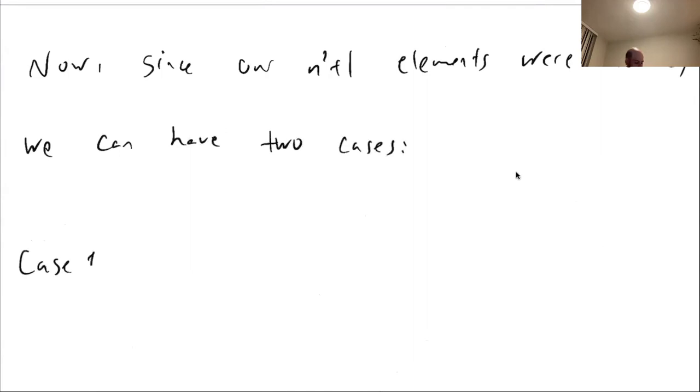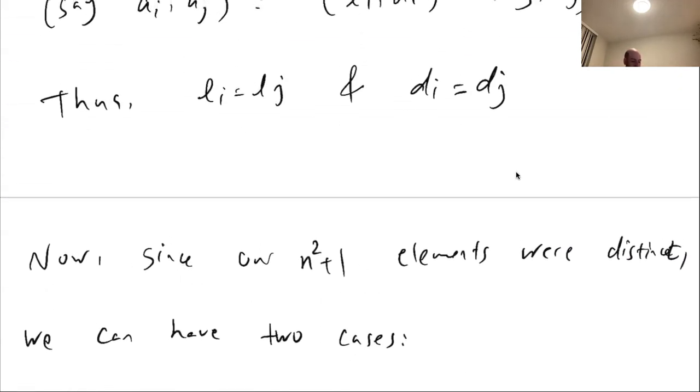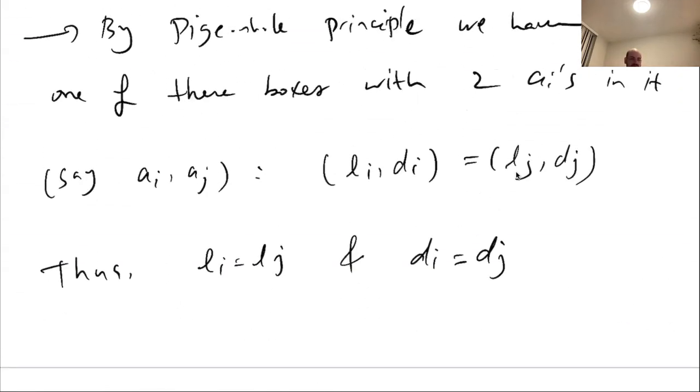Case 1, if AI is less than AJ. So AI cannot be equal to AJ. Remember, AI and AJ are two of the elements from those n squared plus 1 distinct real numbers, but because they're distinct, they cannot be equal. So what are the possibilities? Either AI is less than AJ or AJ is less than AI.